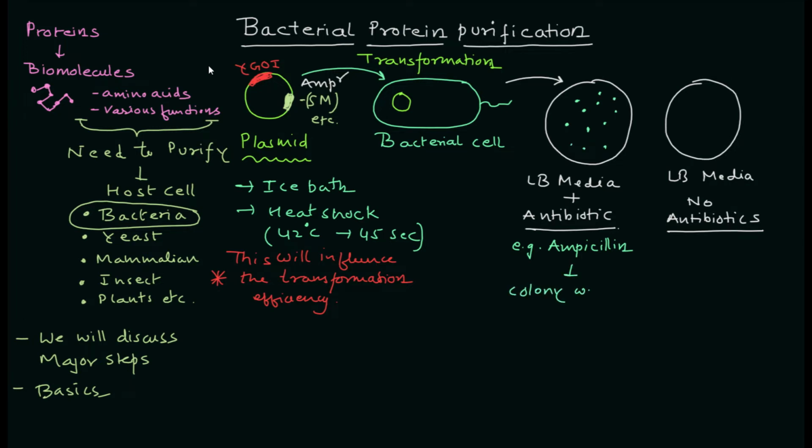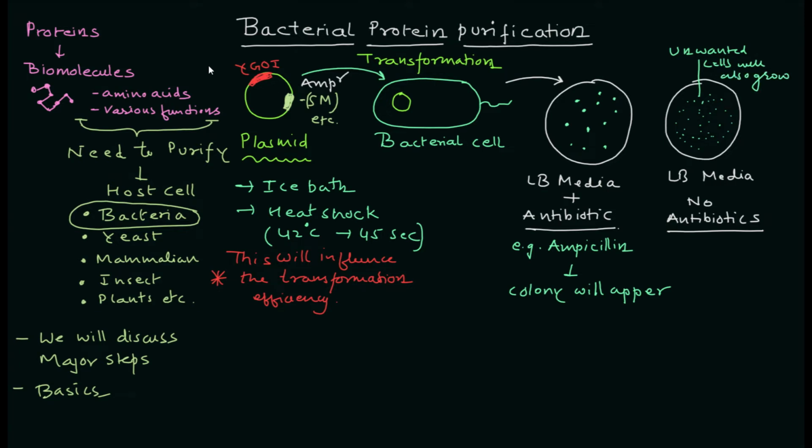So what will happen in that case is that all the cells are going to grow with or without plasmid. So you will have a lot of different cells in there. It will be too crowded. That is why we need selectable markers, so that we can quickly screen out those cells where we have the recombinant plasmid.